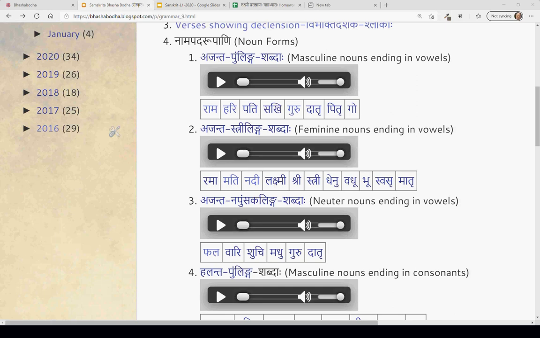Does that answer your question? Yes. So we actually have to know the meaning of the words. Like, for example, even in Napunsakalingam we have Vari, the root word. Meaning of the word doesn't matter much. Meaning helps in case it is referring to some real animal.